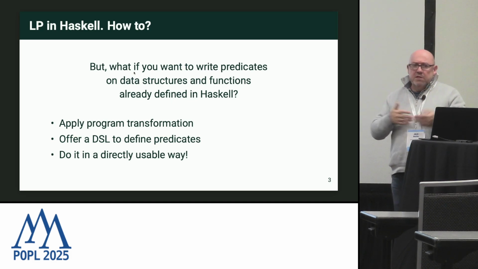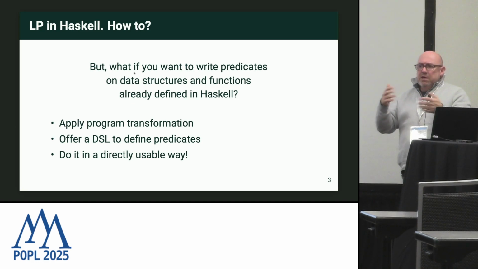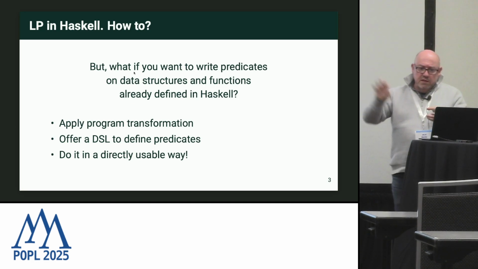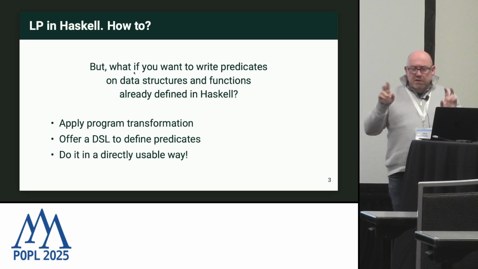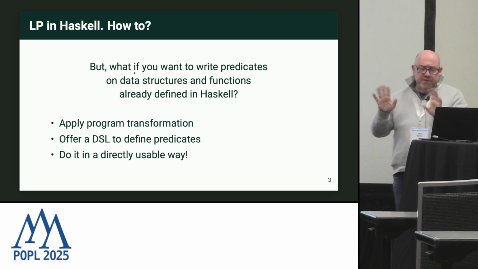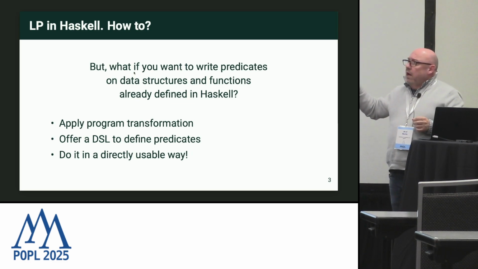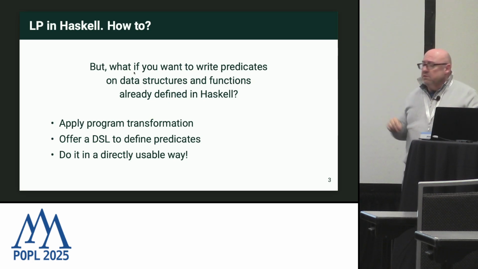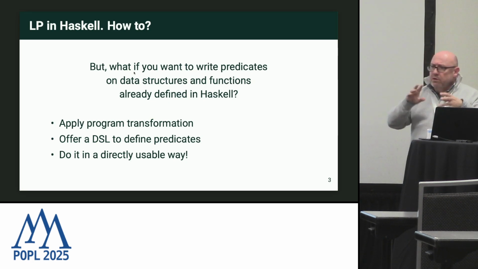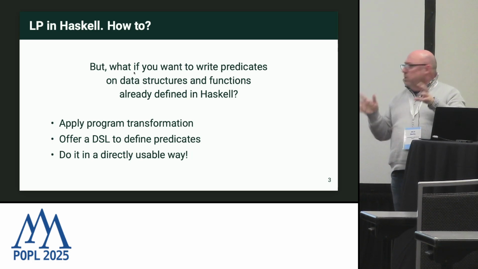There have been semantics of functional logic programs that use this idea of extending algebraic data types with special atoms and so on. So basically, this is what they do. They use problem transformation. They have defined a combinator DSL for conjunction, aggregators, and so on.